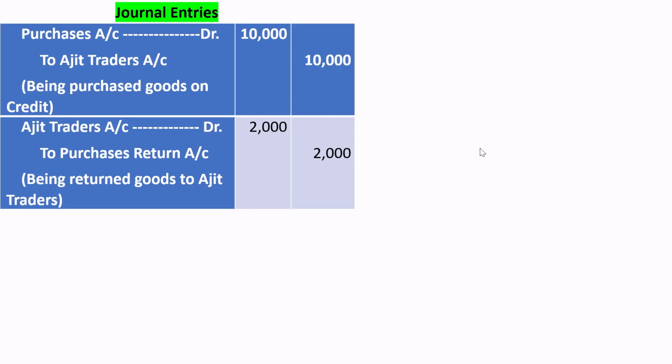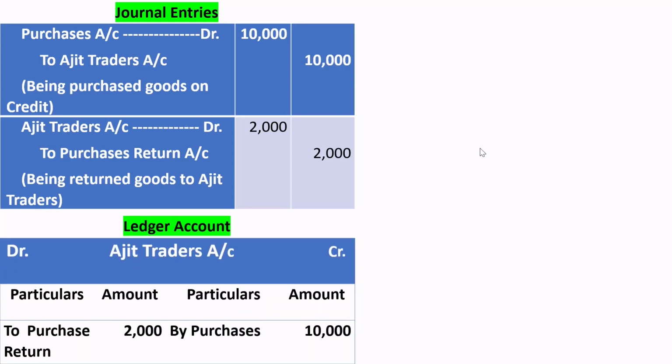Now see the ledger posting. When we prepare the Ajit Traders ledger account, the first effect is on the credit side of the Ajit Traders account, by purchases 10,000 rupees. It means we have to pay 10,000 rupees to Ajit Traders. And now goods of rupees 2,000 are returned.